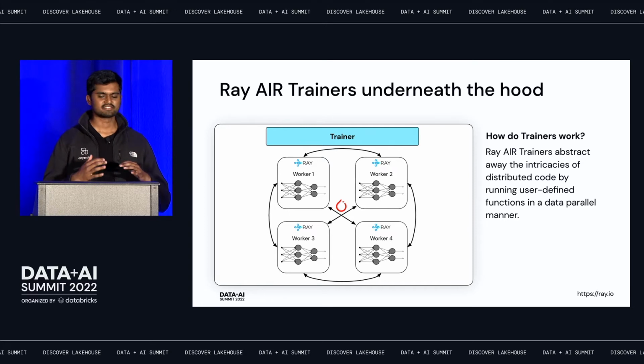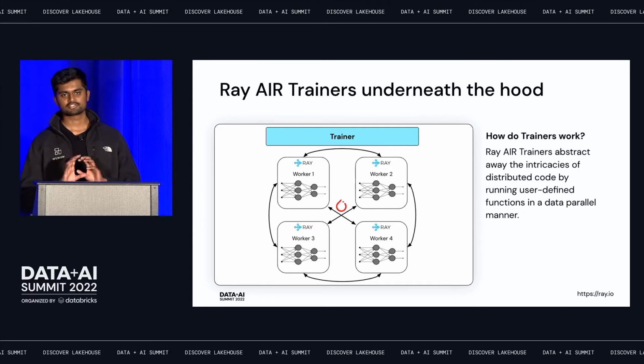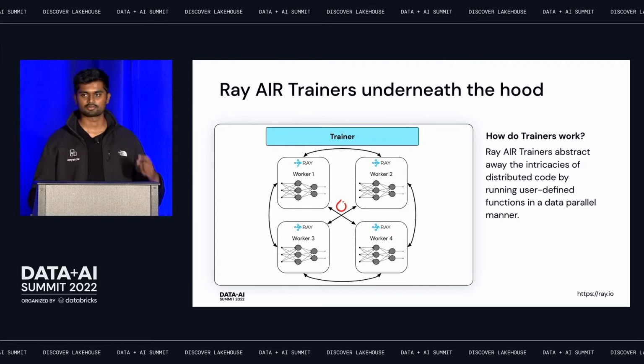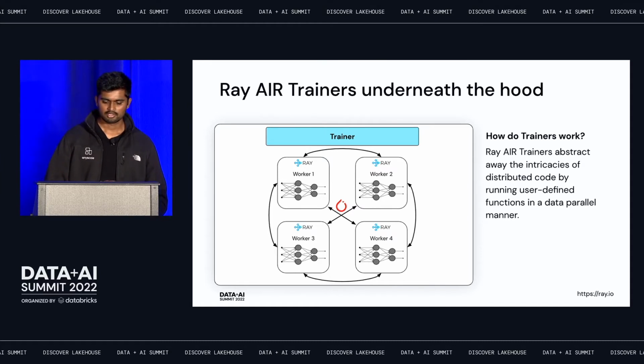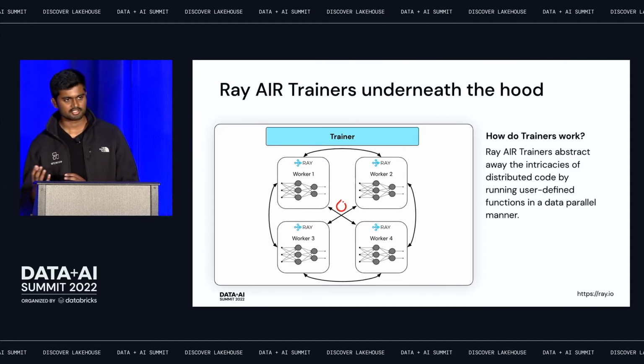And when you pass in a Ray dataset to this trainer, it'll automatically shard this dataset for you, do any pre-processing if you have that specified, and split the dataset so that each training worker will be training over 1 shard of data. And then after every batch of training, the weights across all the training workers are synchronized. So through data parallel training, you can train in the same amount of time it would take you to train on 1 batch of data in the single-threaded case. If you're using 4 workers, now you can train on 4 batches of data.